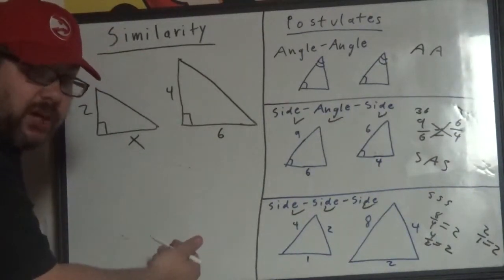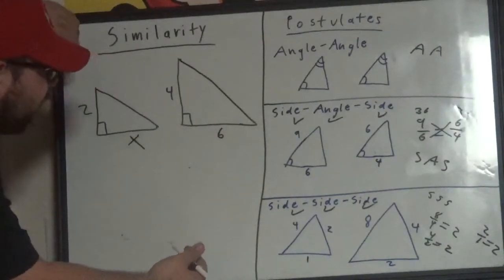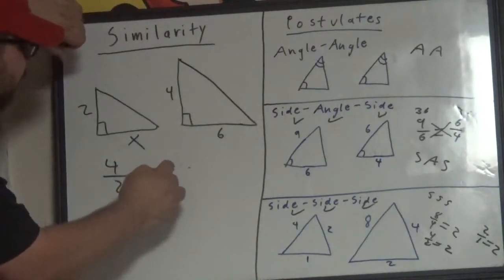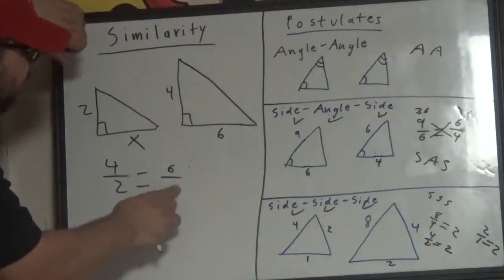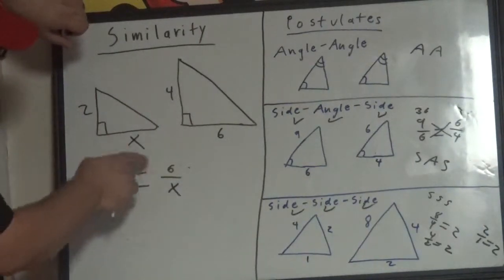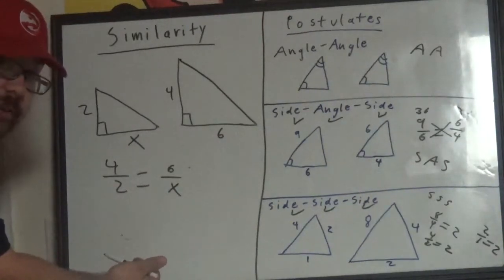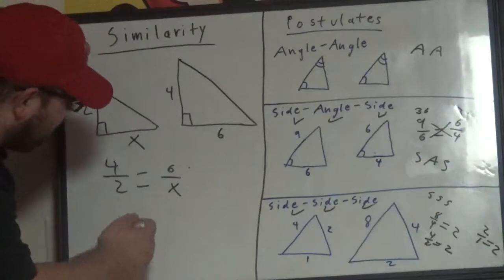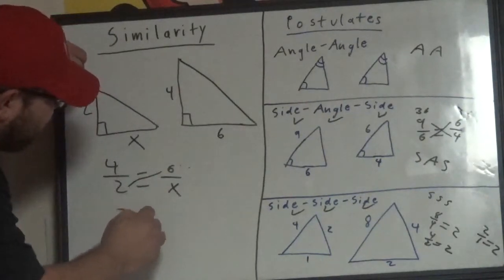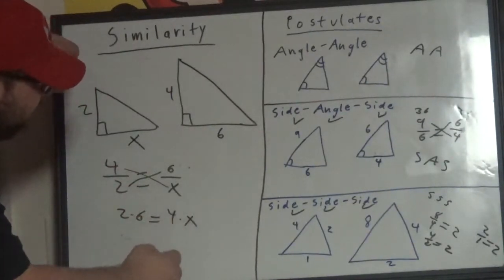Now, just as we checked by cross multiplying, we can do the same thing to solve for a missing side. 4 divided by 2 equals 6 divided by x. And just like we cross multiplied, we cross multiply again. 2 times 6 equals 4 times x.